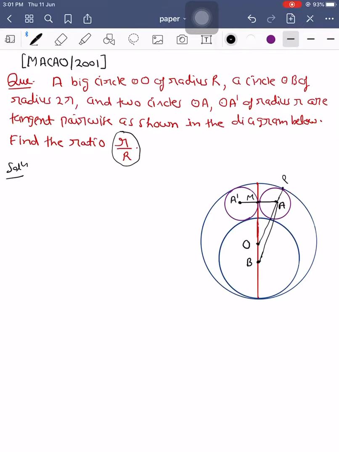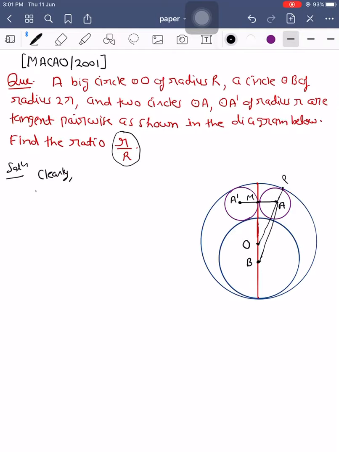Okay, now the circle with center O and the circle with center A touch internally. Therefore the condition is what? When two circles touch internally, the distance between their centers is equal to the difference of their radii.